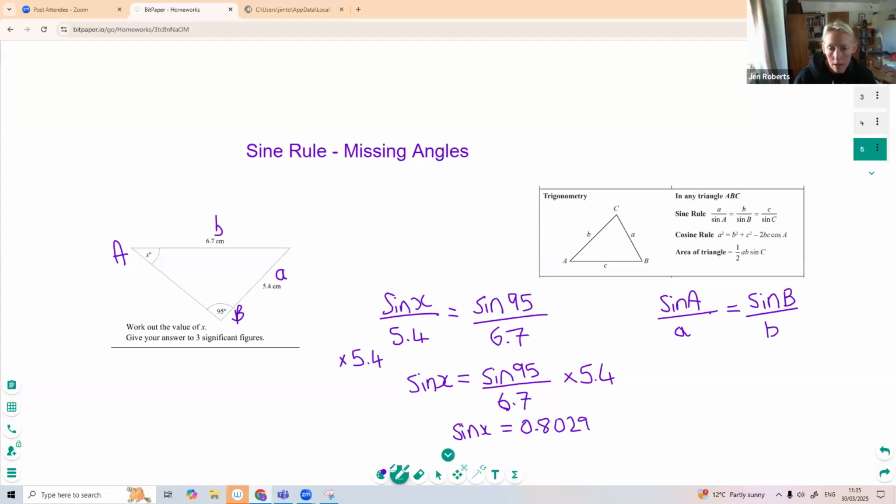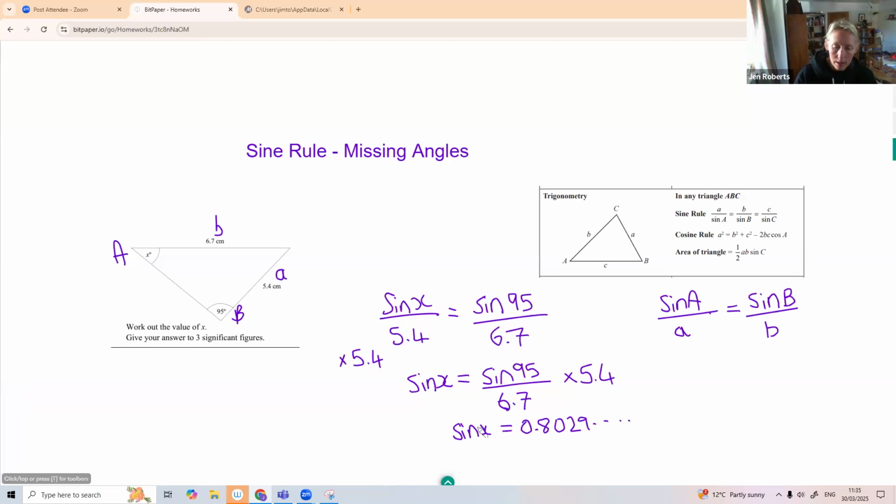Now, how do we make X the subject here? How do you reverse that sine? So that's using the sine to the -1 button. I'm going to show you in a minute. So we basically need to sine to the -1 both sides. If you do that to sine, it disappears. And I'm just going to use my calculator.